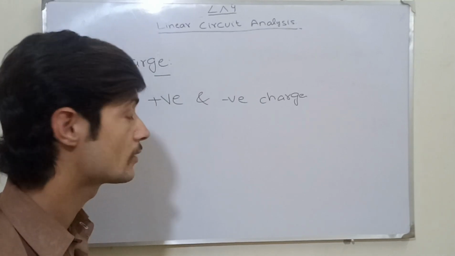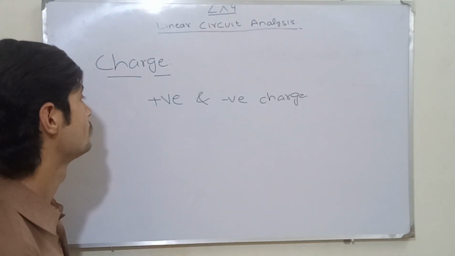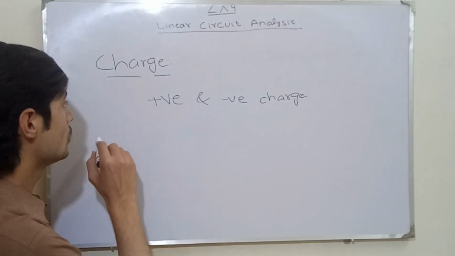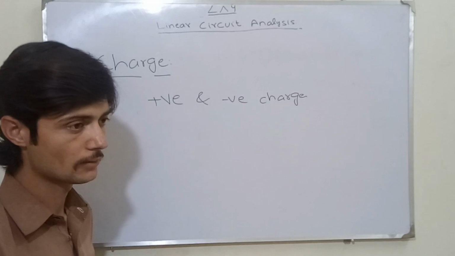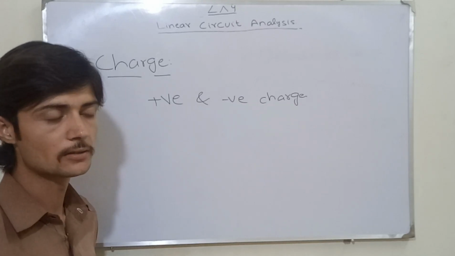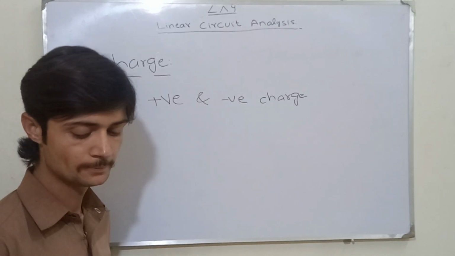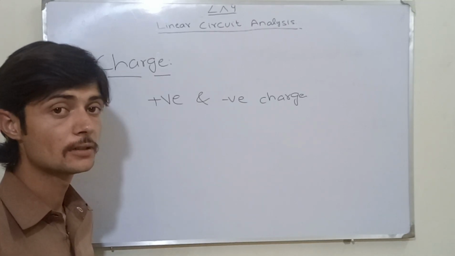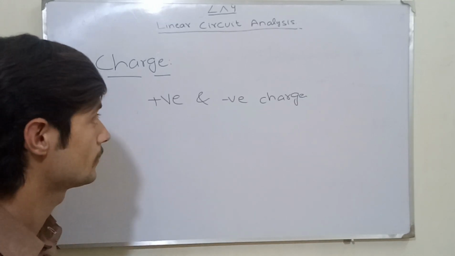In our whole circuits, when we solve all the circuits, we will observe that we can't create or destroy any charge in the whole circuit. We will only transfer, and this transferring of electrons is called current.